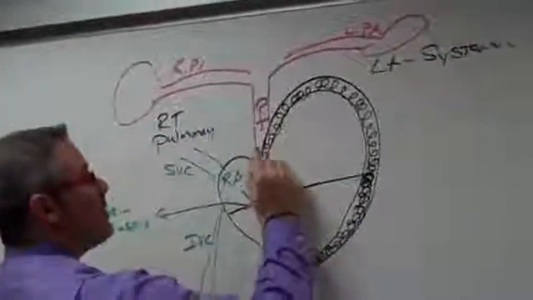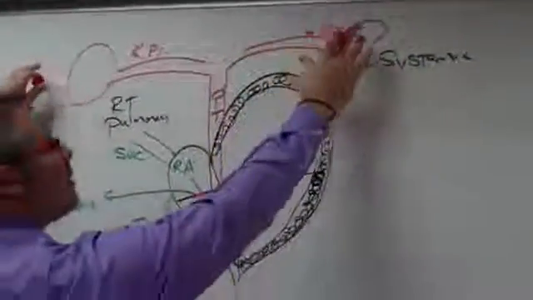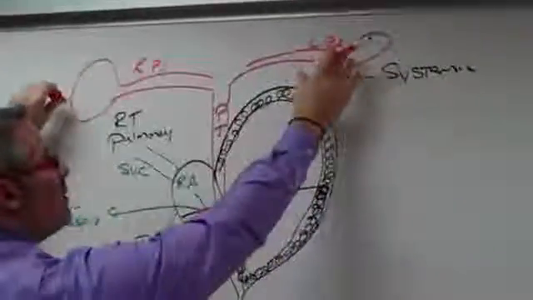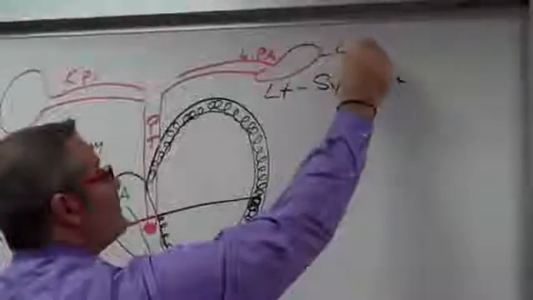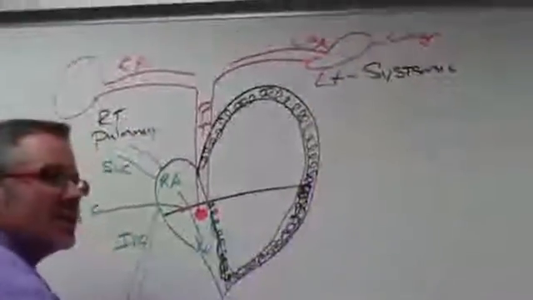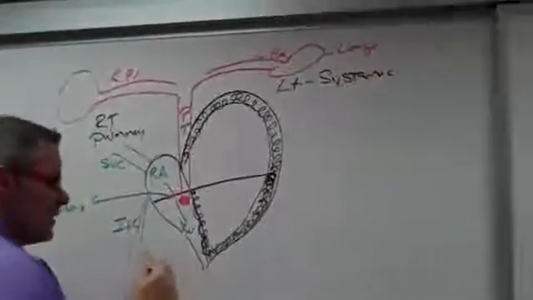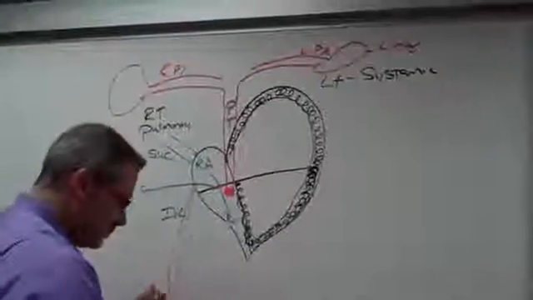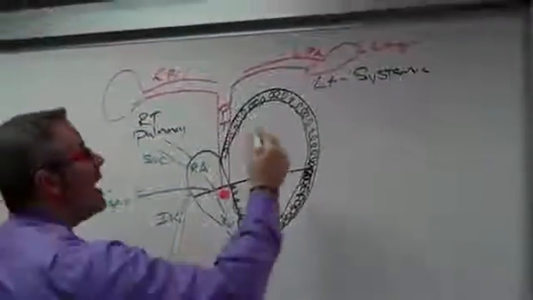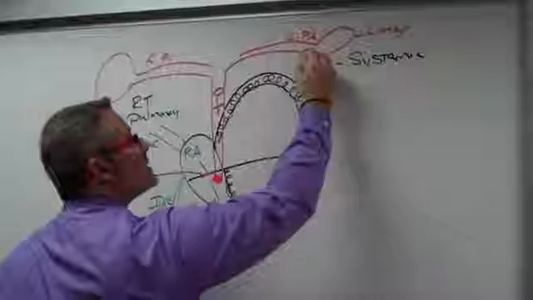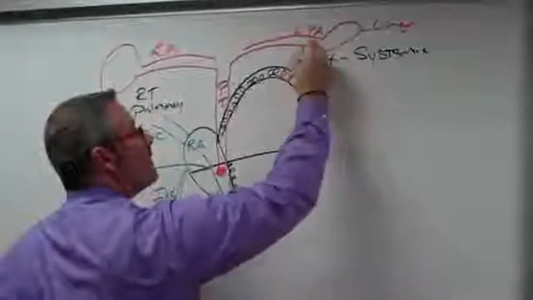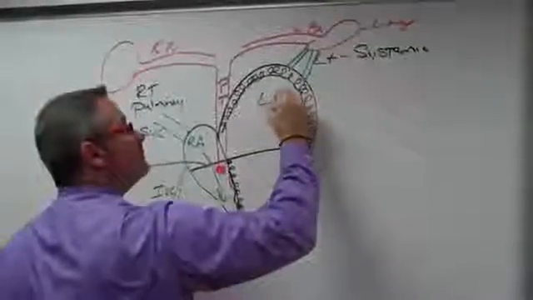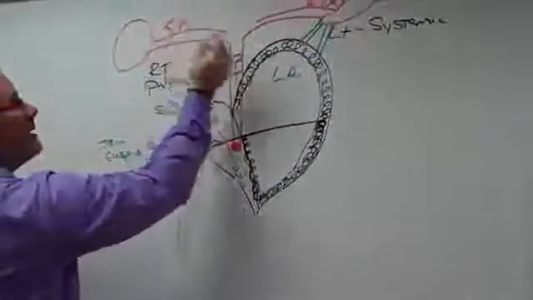So blood is pushed up through the pulmonary trunk into both pulmonary arteries, a right and left pulmonary artery, into the lungs. So that's the lungs. Oxygen is picked up. After the oxygen is picked up, blood is now forced into the left atrium from both the right lung and the left lung.